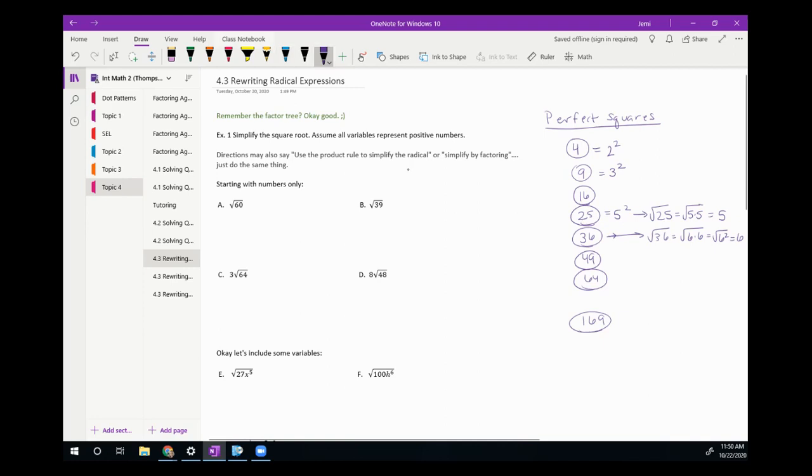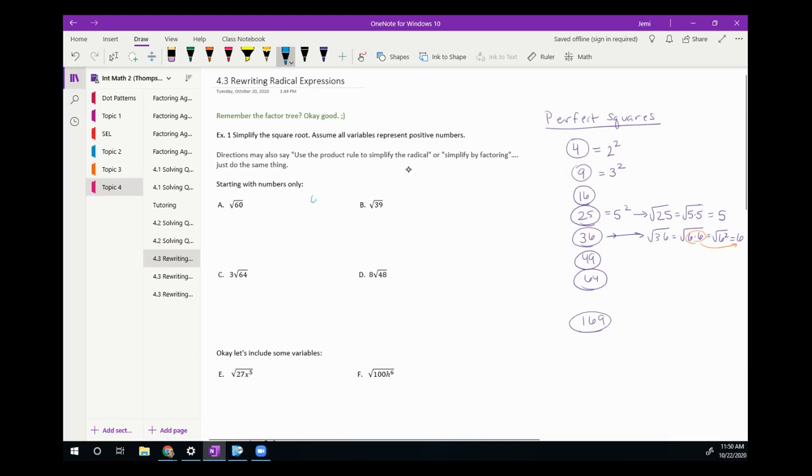So basically, when I have these pairs here, it comes out and I just end up having one of them on the outside of the radical. And that's what we're going to deal with here today. We're going to start with just some numbers, some positive integers here. And then in our next example, it's down here, E, F, and G, we're going to add some variables.